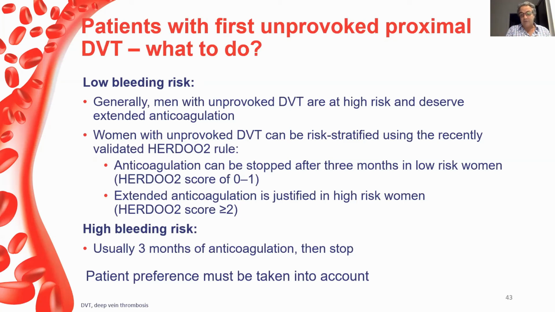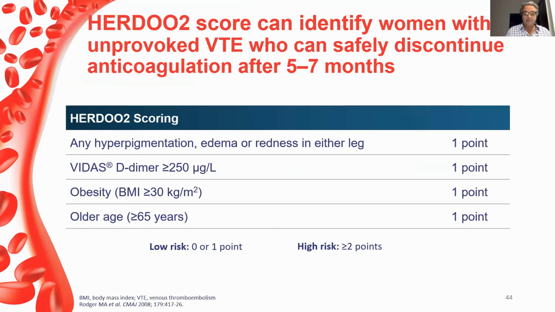If you're a high-risk woman with a score of 2 or higher, it justifies long-term anticoagulation. Also keep in mind, if you're high bleeding risk, then you need to consider those risks, and 3 months of anticoagulation may be where you're going in any case. But we need to discuss this with our patients.